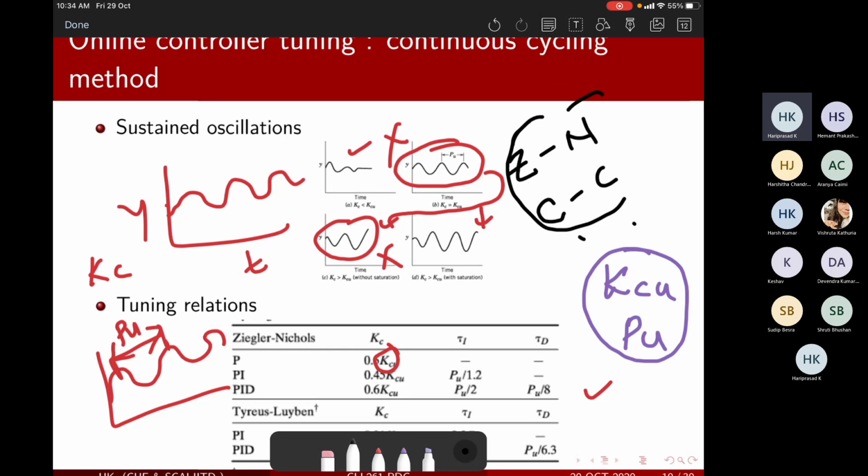But what you would do is, let's say you start with 0.1 Kc. You keep it 0.1, 0.15, maybe until you see some oscillation. But again, the problem is it's laborious and time consuming. Whatever time you do this exercise, what is happening to your system? You are perturbing the system, or loading the system.